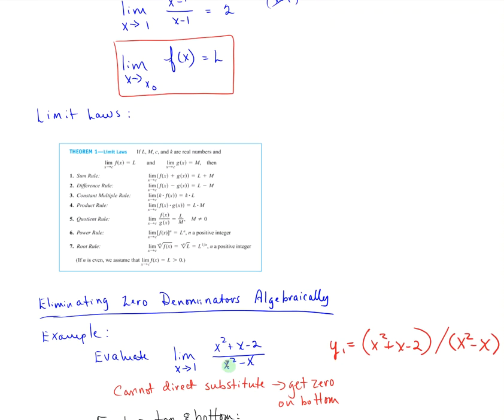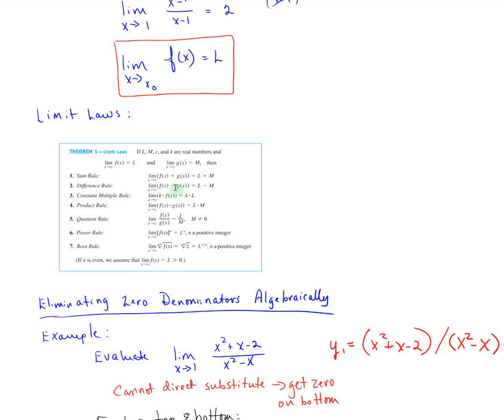We have some limit laws here, and you should go over those. It should make kind of sense. If you have the limit as x approaches c of f of x equals L, and the limit as x approaches c of g of x is a different limit, then you can add those. So the limit of that function plus that function is the sum of the limits.